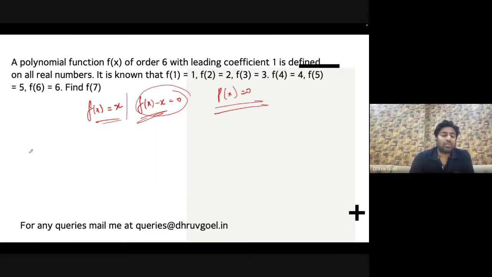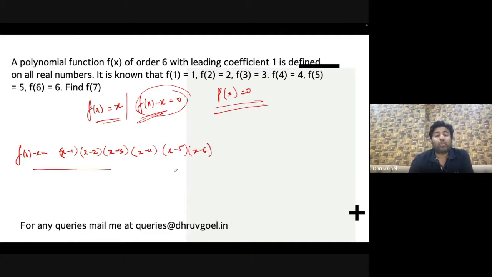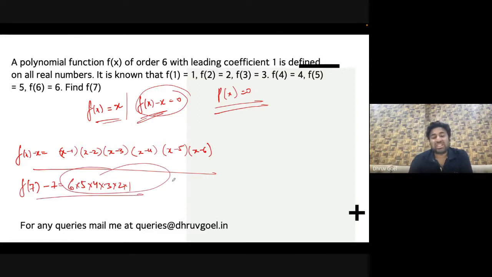So I can say f(x) minus x should be equal to x minus 1 multiplied by x minus 2 multiplied by x minus 3 multiplied by x minus 4 multiplied by x minus 5 multiplied by x minus 6. Now I need to find out the value of f of 7. If I put the value of x as 7, I'll get f of 7 minus 7 is equal to 6 multiplied by 5 multiplied by 4, 3, 2, and 1. This is nothing but 6 factorial, which is 720. So f of 7 comes out to be 727. That should be my answer.